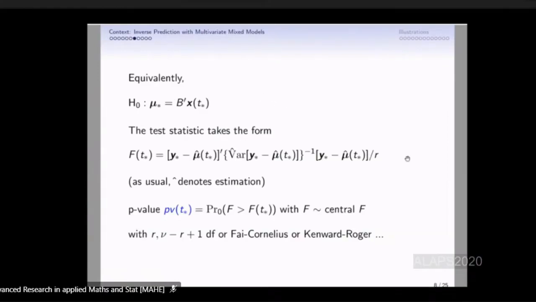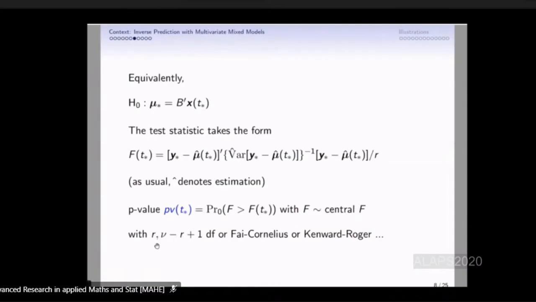The test statistic takes the Hotelling-Pearson form, so an F statistic that just looks like the vector of the residuals at T star, weighted by the inverse of the variance covariance matrix of those residuals, that quadratic form, where these are estimates of the various parameters. So this is fairly straightforward. And the p-value then is computed from a central F distribution with appropriate degrees of freedom.